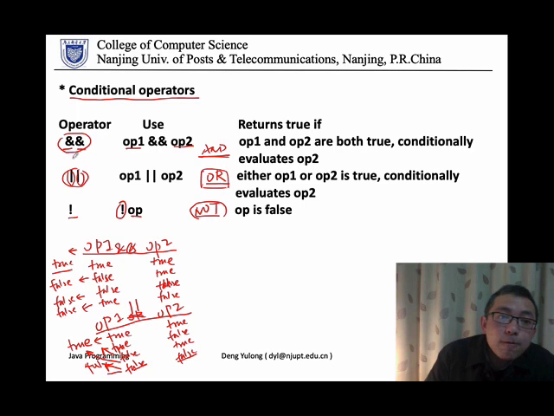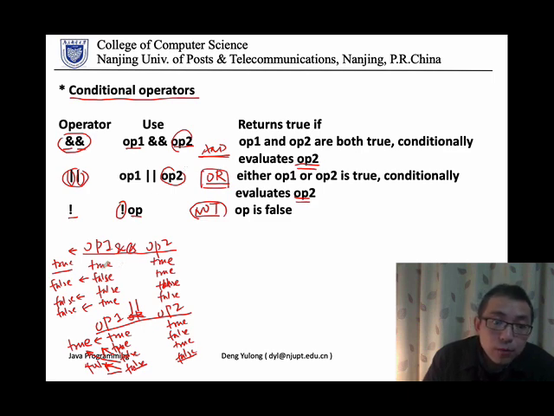If we use double ampersand to do the AND operation, or use the double bar to do the OR operation, that means if we do this AND or OR operation, the second operand will be evaluated conditionally. So this is a condition. The second operand is evaluated or not. We have a condition. What condition?